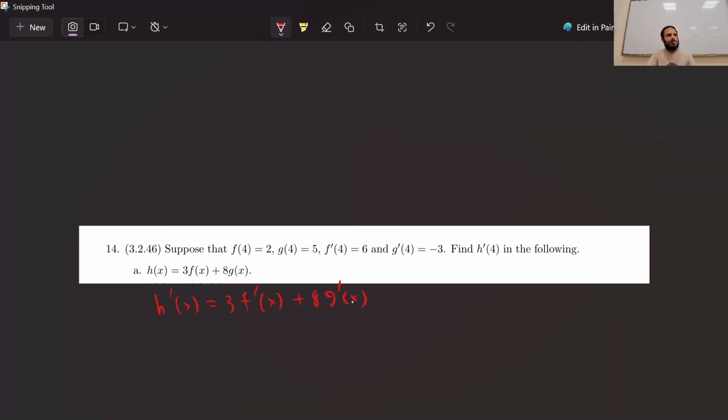We want it at 4, so we substitute 4. h prime of 4 equals 3 f prime of 4 plus 8 g prime of 4. 3 times 6, plus 8 times minus 3. So 18 minus 24 equals minus 6.